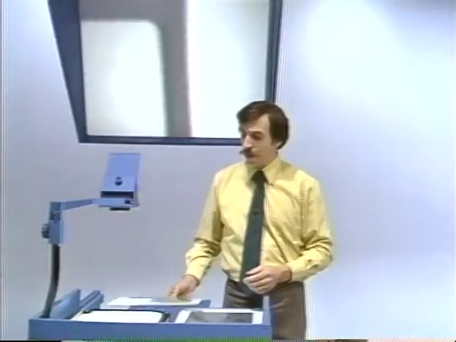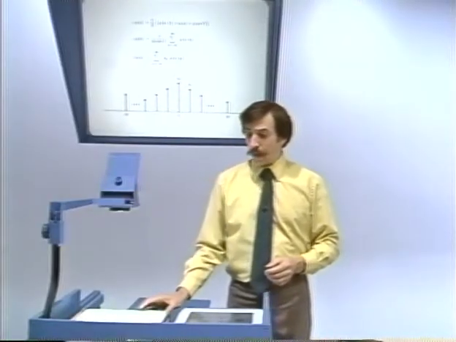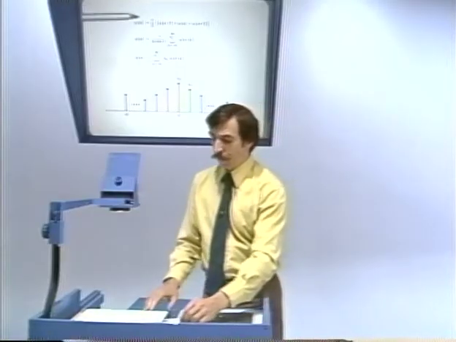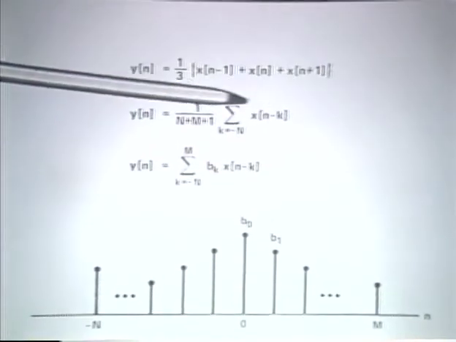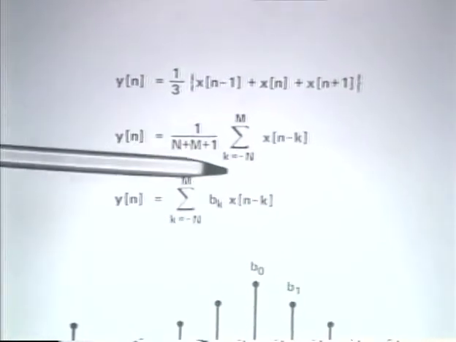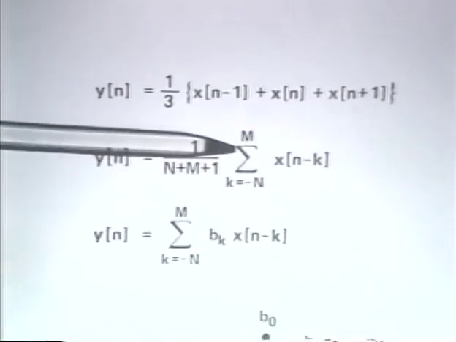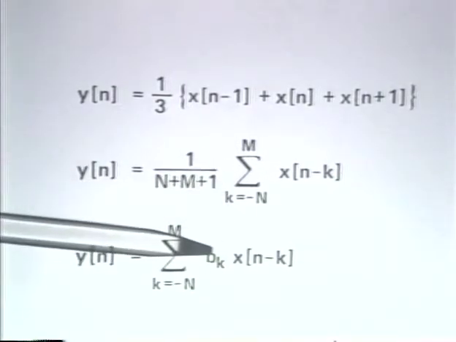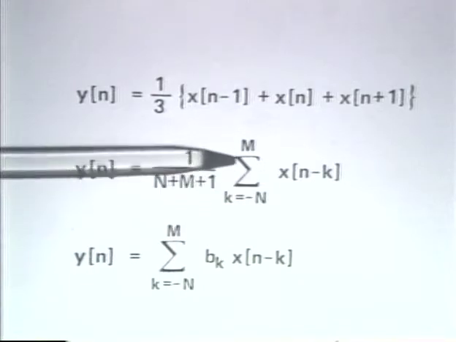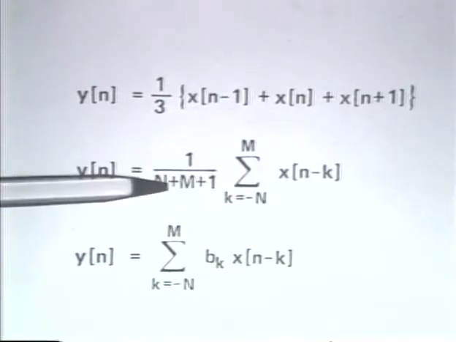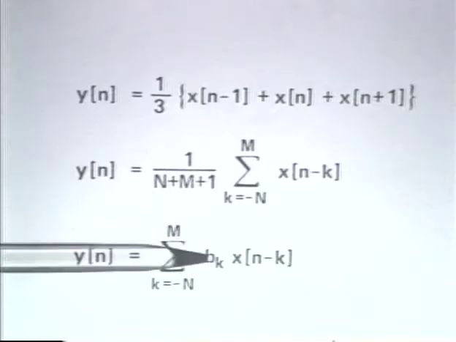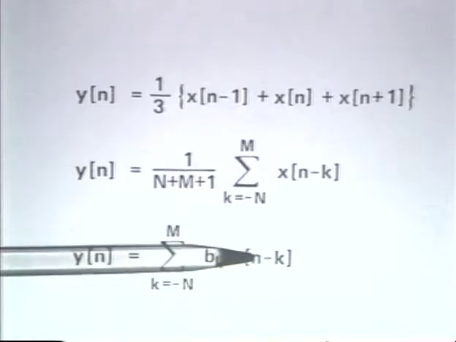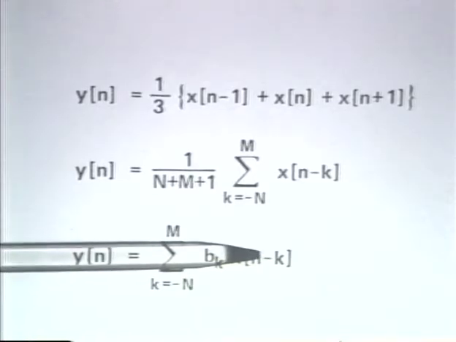In fact, we can generalize that notion in a number of ways. One way of generalizing the notion of a moving average from the 3-point moving average, which I summarize again here, is to think of extending that to a larger number of points, and in fact applying weights to that, as I indicate here, so that in addition to just summing up the points and dividing by the number of points summed, we can in fact apply individual weights to the points so that it's what is often referred to as a weighted moving average.